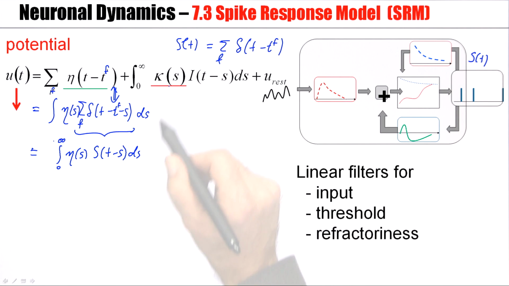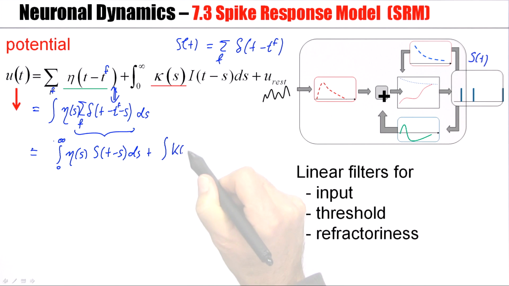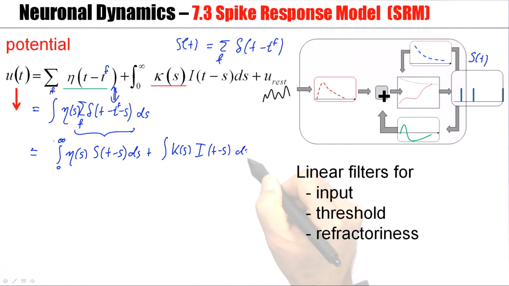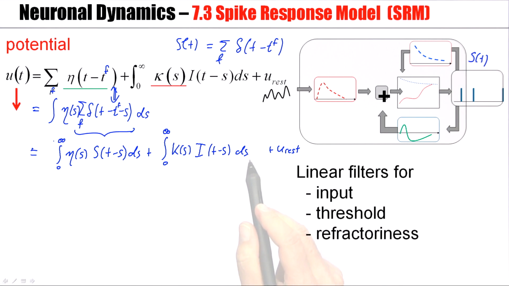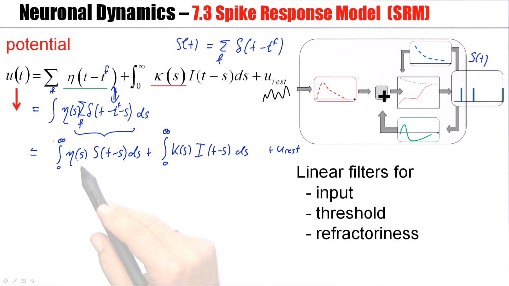And now this term is suddenly very similar to the way we treat the input. And then I always have the u rest. So the input is filtered with a filter kappa. The output, S, is the output spike train. The output is filtered with a different filter, eta.